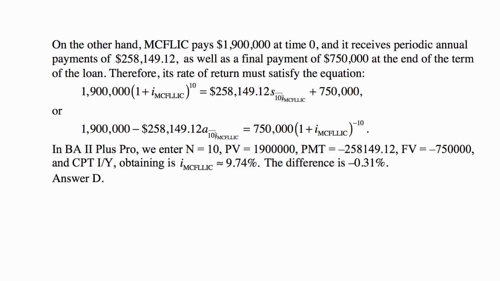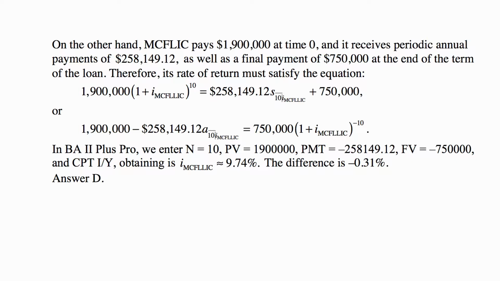On the other hand, the insurance company pays 1,900,000 at time zero, and it receives periodic annual payments of 258,149.12, as well as a final payment of 750,000 at the end of the term of the loan.